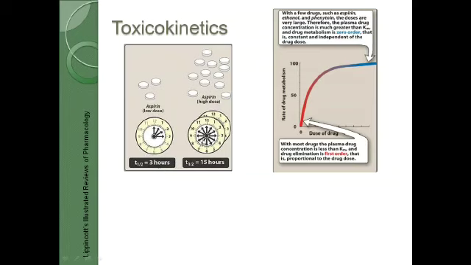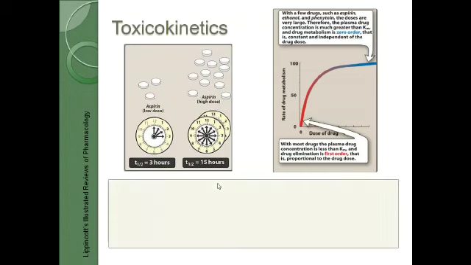But if it is taken at a high dose, then you see the elimination half-life is prolonged. For this reason, we see that aspirin has dose-dependent kinetics. Its half-life may be prolonged at high doses.